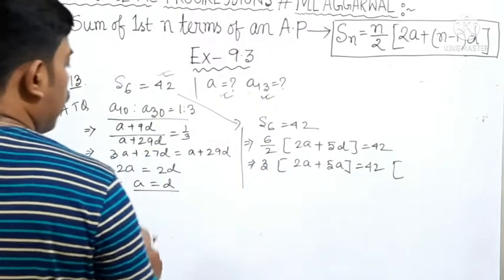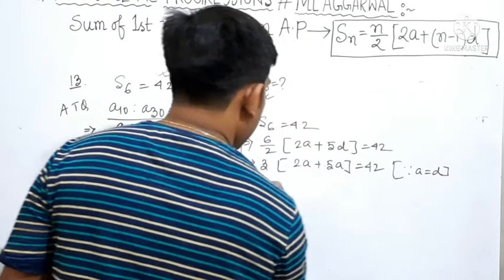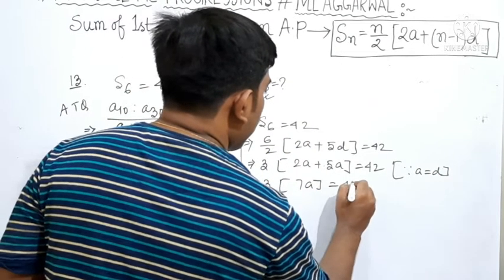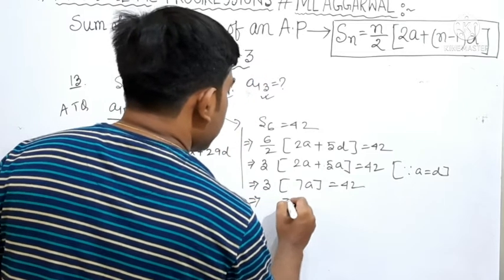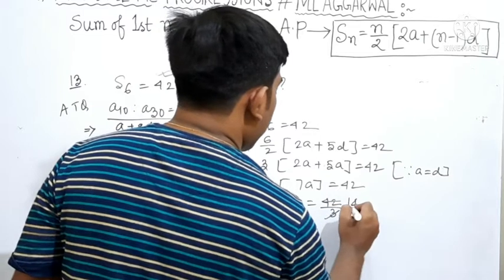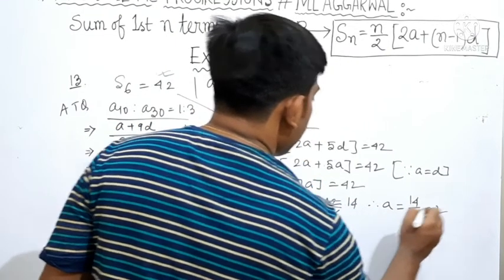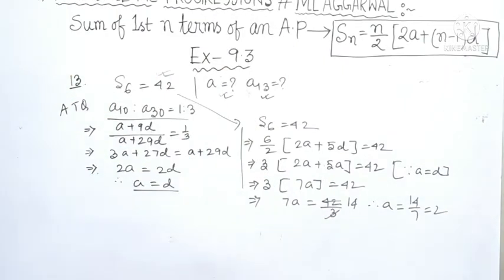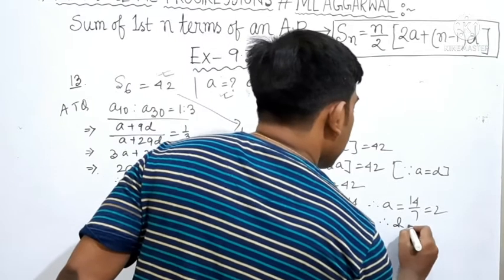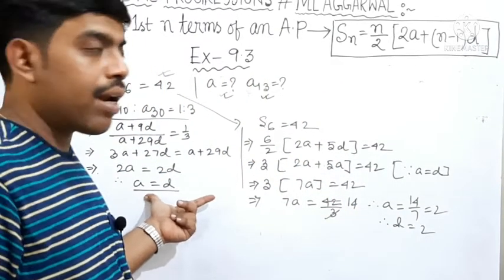Why? Because a is equal to d. Since a is equal to d, from that portion we can write 7a is equal to 42 by 3, it is 14. Therefore a is equal to 14 by 7 is equal to 2. So we get the value of a is equal to 2. Therefore d is obviously 2, because a and d are equal.